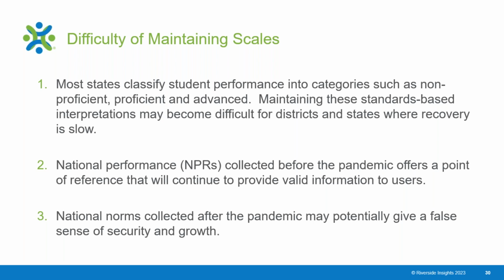So what we're suggesting here is that a scale like a national percentile rank allows you to have a constant, a fixed point of reference, unlike some states where those definitions might be shifting. And that national norm gives us that reference point for understanding when we've gotten back to where we were before the pandemic and where we're moving beyond that. Right.